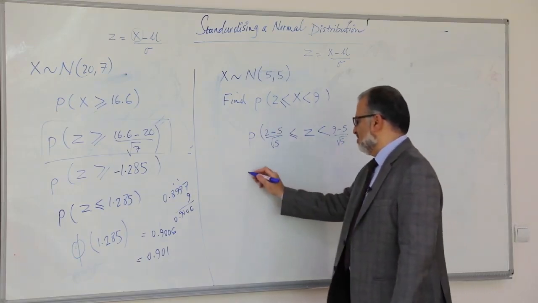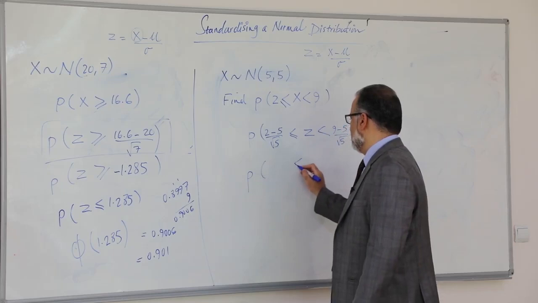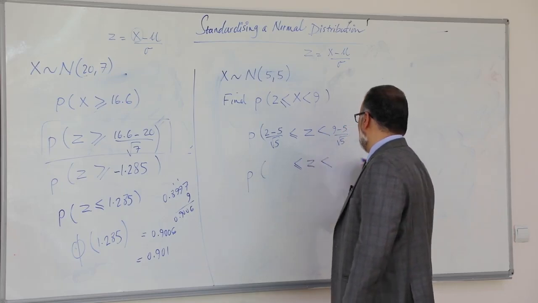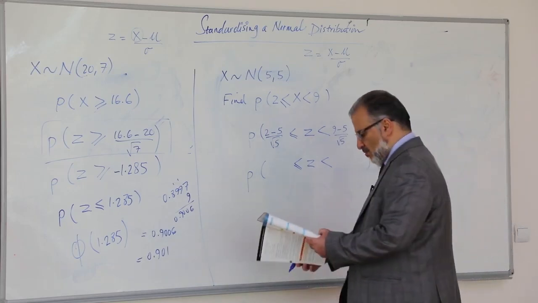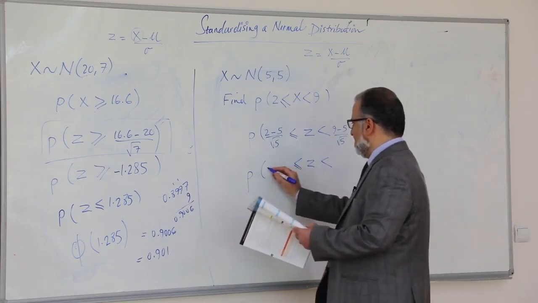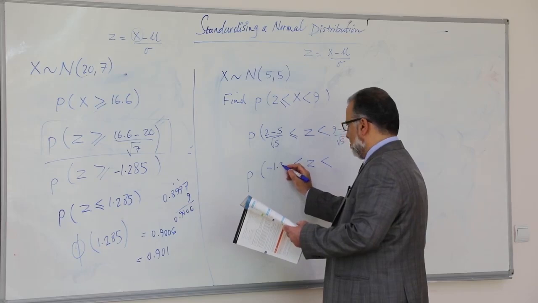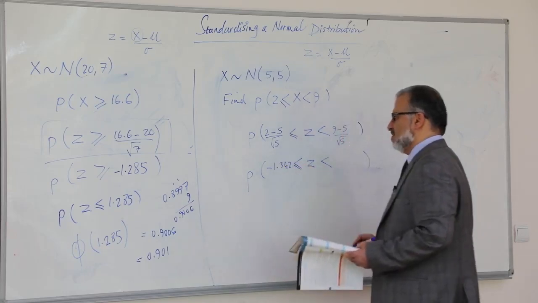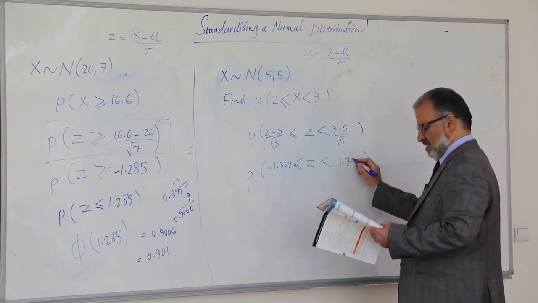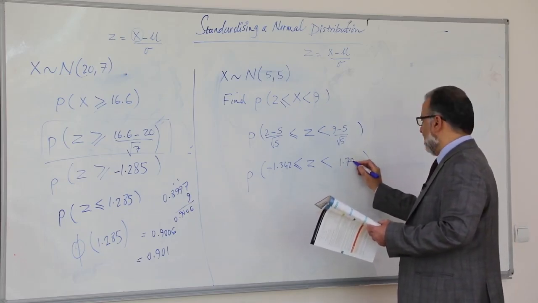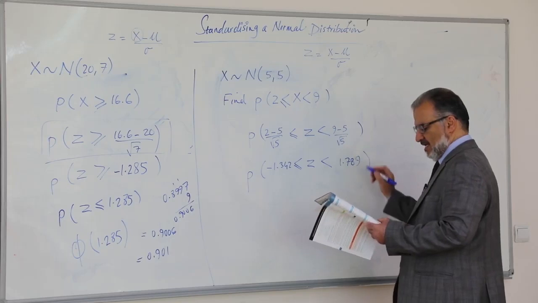So by the calculations now, we have this value, negative 1.342, while here 1.789.